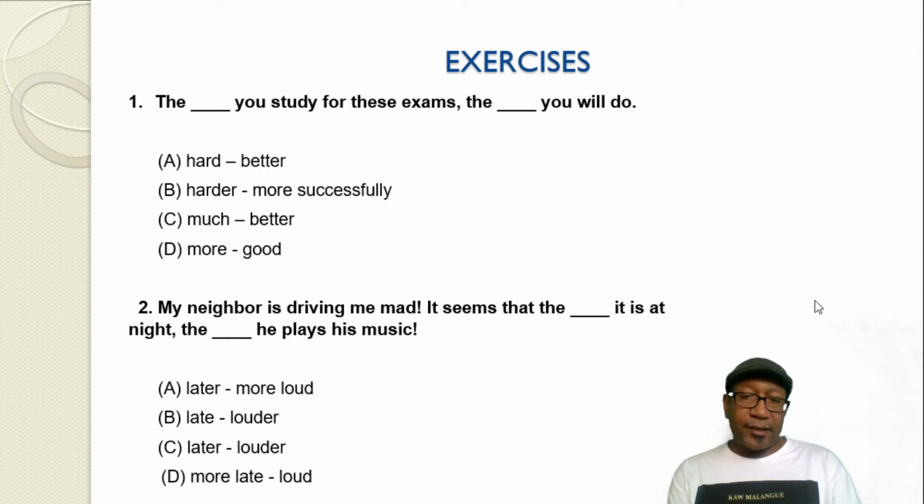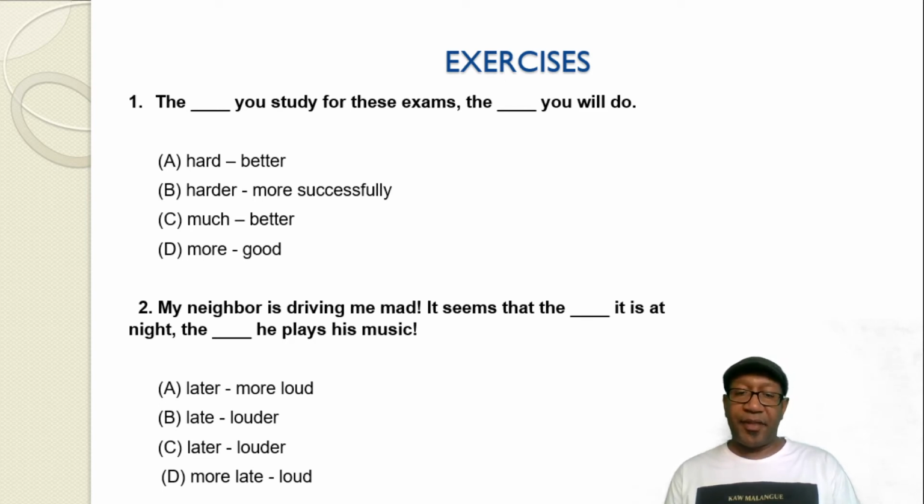Right here, I ask you to pause the class, try to solve this exercise, and then come back to the class. Okay? So let's see here. The sentence is: you study for these exams, the something we will do. The second: my neighbor is driving me mad.